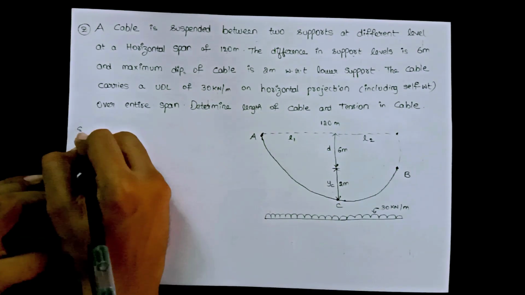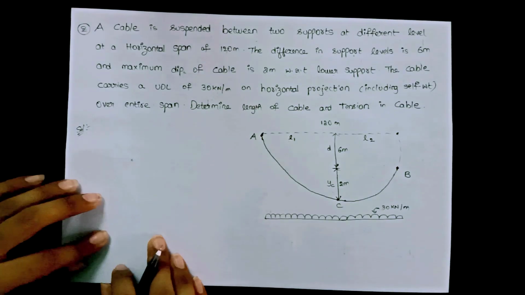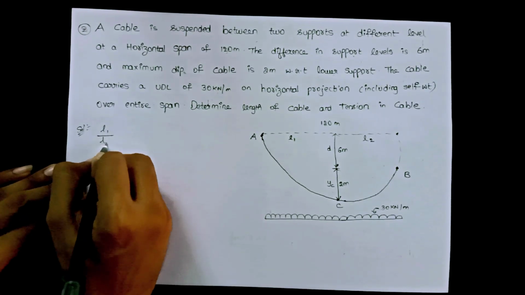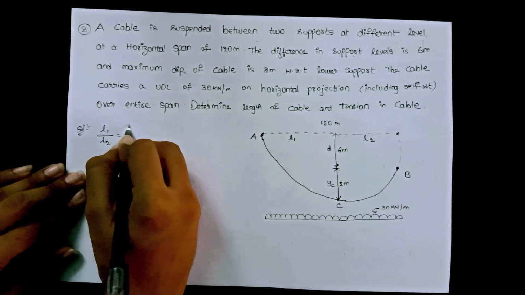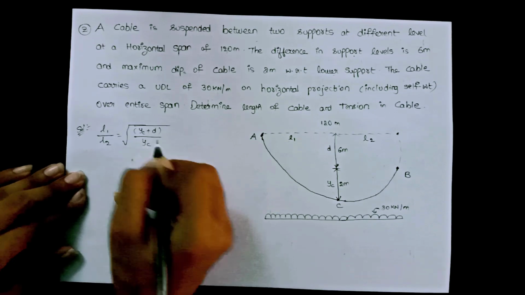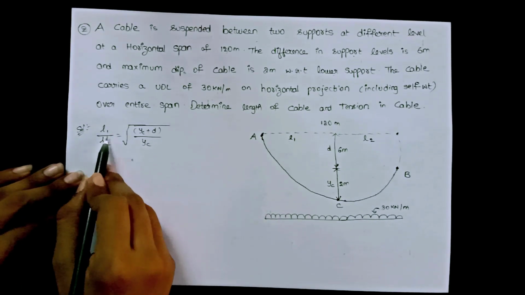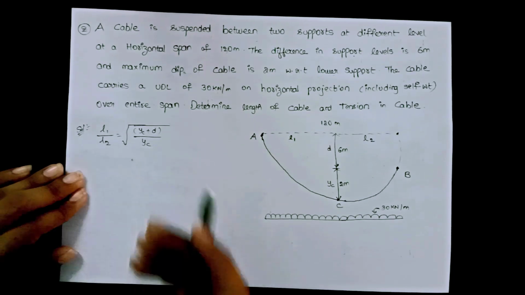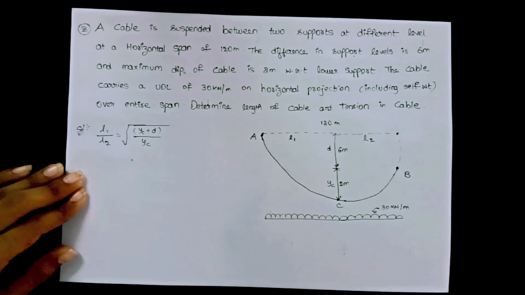Now, starting the solution, I have derived one relation: L1 by L2 equals the square root of (Yc plus d) by Yc. This formula gives the relation between L1 and L2, and it was derived in the recent videos. L1 and L2 are the unknowns.